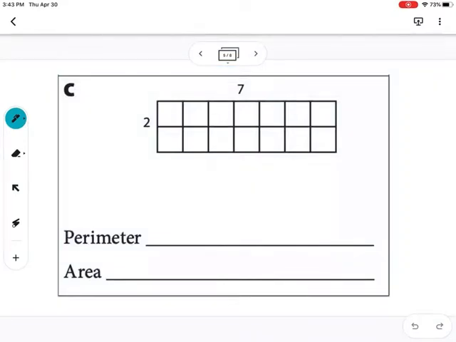All right, let's do another one. Perimeter. Here we go. Say it with me. 2 plus 7 plus 2 plus 7. That'll give us the distance around this array, this rectangle. There is something going on here.